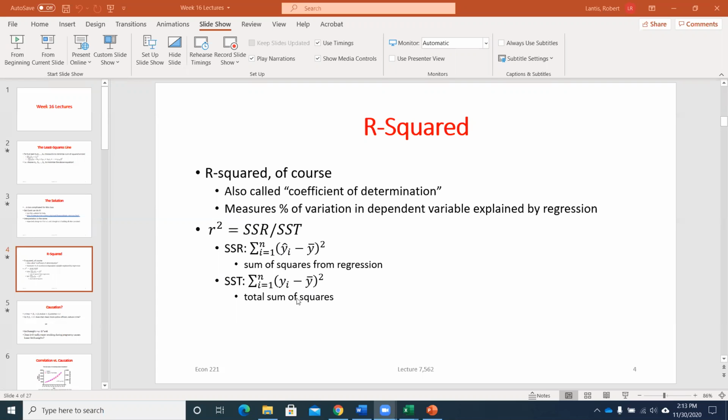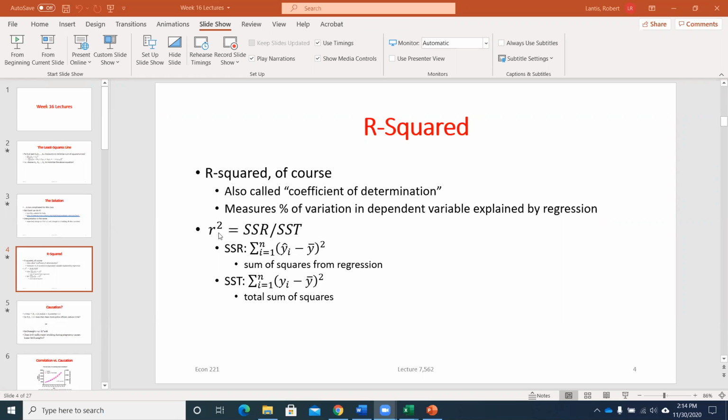So the ratio of those two is how much I am explaining out of the total variation that exists. An R squared in the output from Excel is always going to be between 0 and 1. It represents the proportion of that Y variable we're explaining with whatever right-hand side variables we've included in our regression.